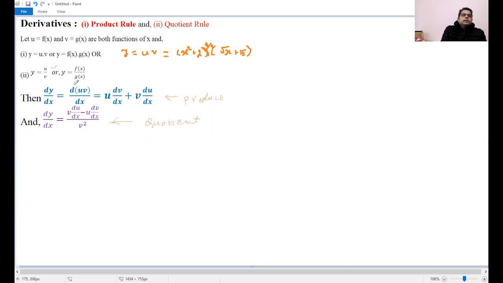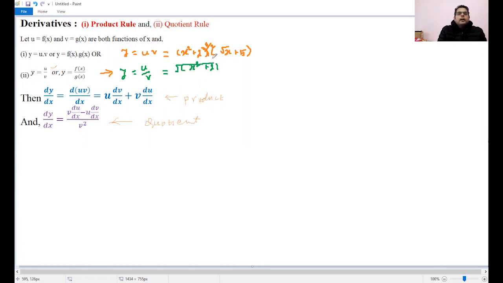And here, at this time, your function would be like this: y equals u by v. That means it is in division form. Therefore, this is called the quotient. And your function will be something like that. So same thing I'm taking this way: x squared plus 2, and these are under root. So you can write power half, or you can write under root.